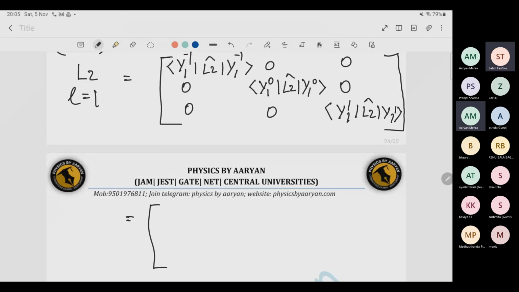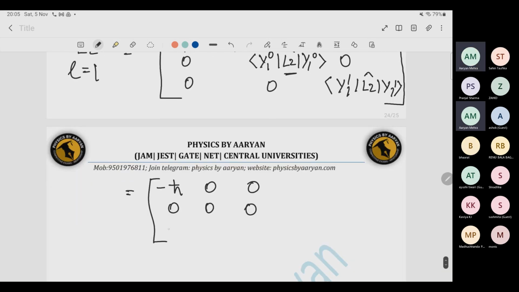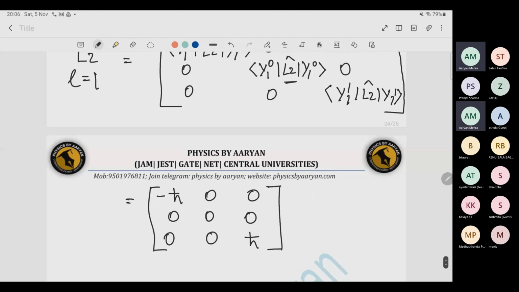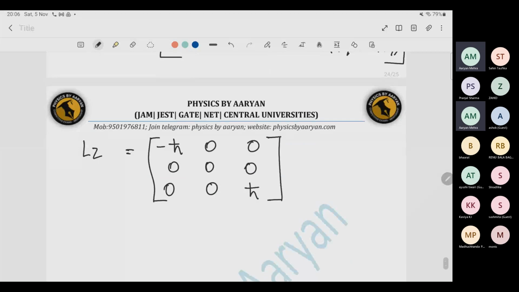Sir, ℏ. Minus ℏ. So what will be the second element? 0. And what will be the third element? ℏ. Perfect. Do you have an idea how we did it? We just used this formula and then again. So this is how you write an Lz matrix.